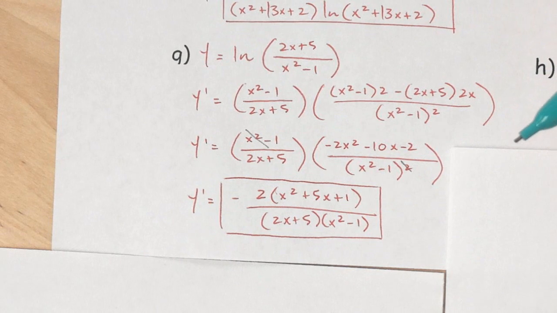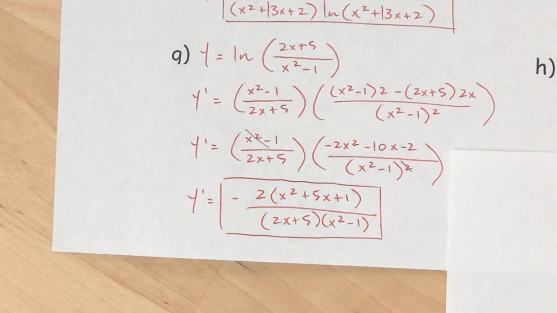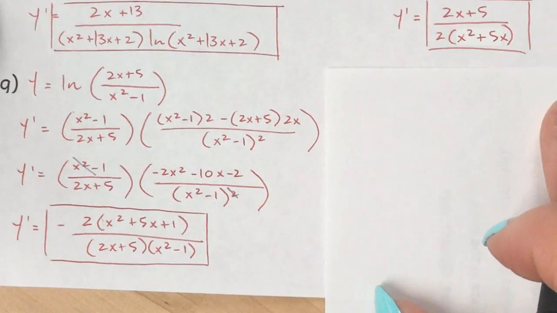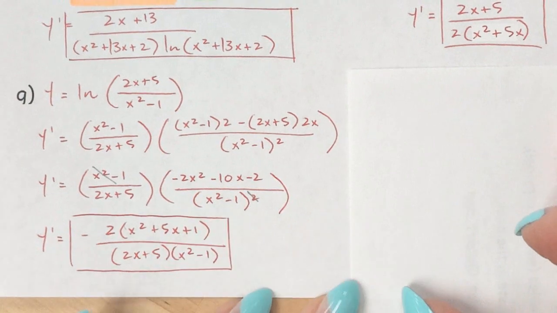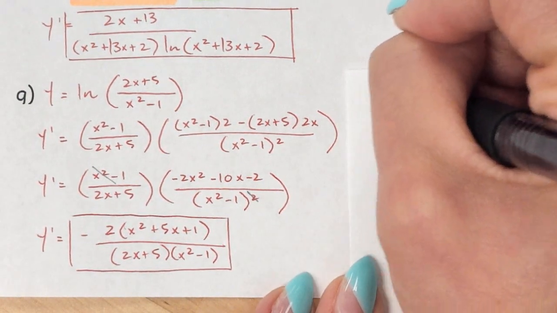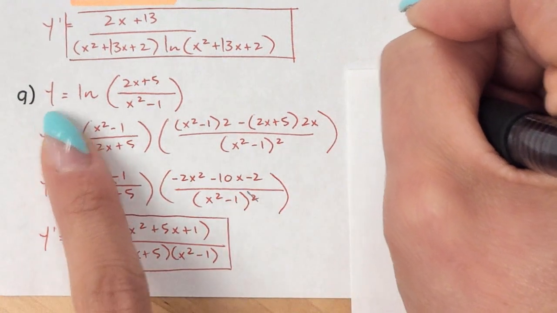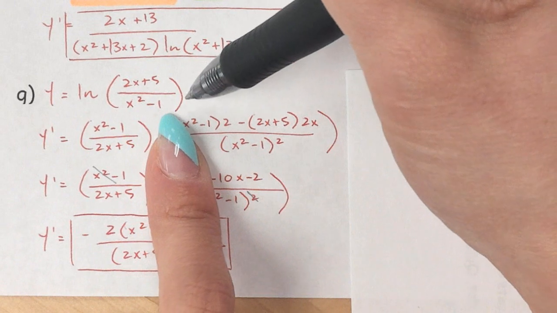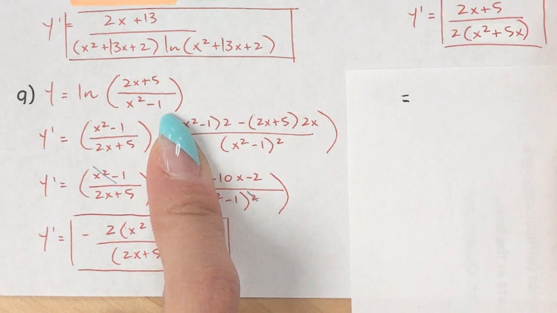Okay, so I want to show you how else you can start that problem, and you'll get the same answer for g. But you don't have to, and it's really up to you. I don't know that either way is easier or harder. But if you have this, you can also rewrite that as, think about those properties at the top for log rules.